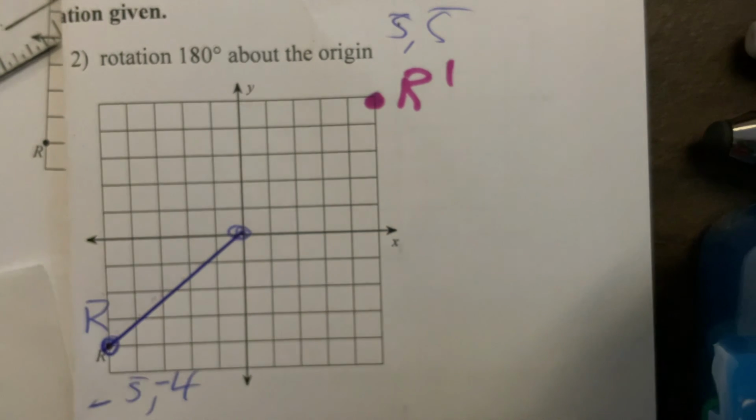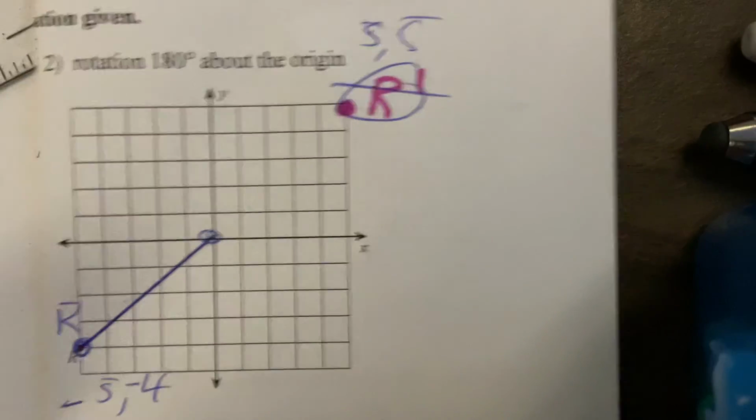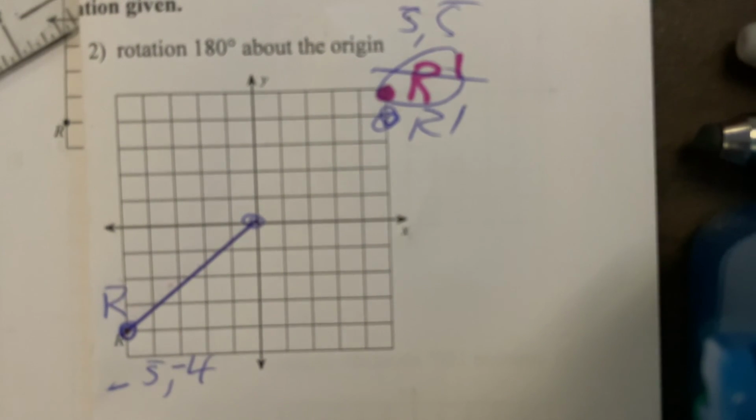No. Okay, so R did not go there. I told you that was probably going to mess me up when I didn't make my line straight. So it actually should be there. My original was -5, -4, and the correct R prime is 5, 4.